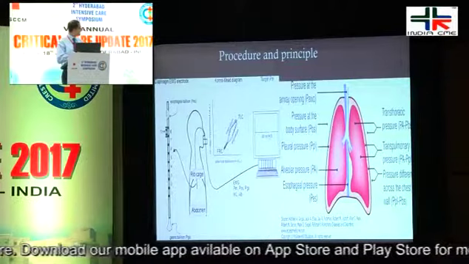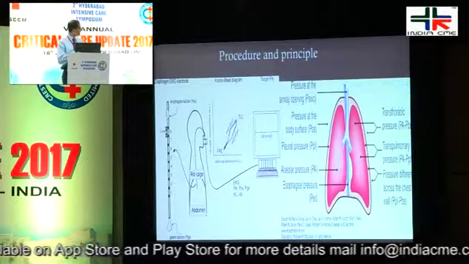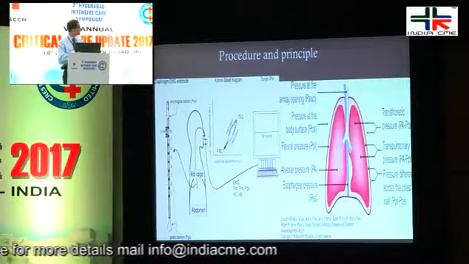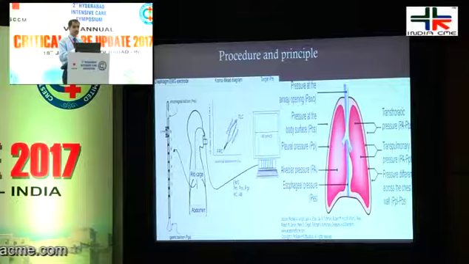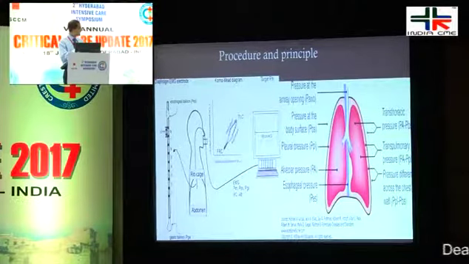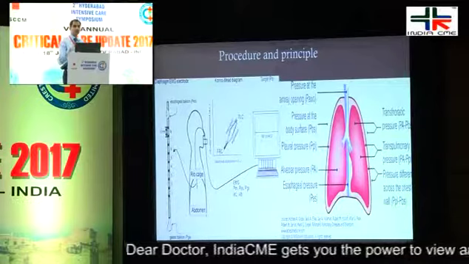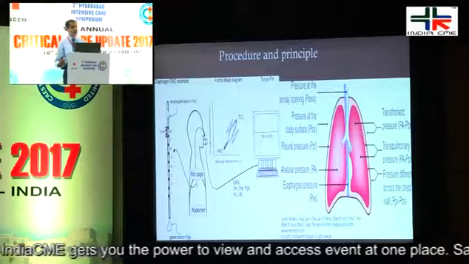It's nothing but a simple pressure monitoring system which is inserted through the oroesophageal route or a nasoesophageal route or nasogastric route down into the stomach, and it is then pulled back to the level of the lower half of the esophagus. Some authors say the lower 2/3 of the esophagus, but it has to be in the lower half.